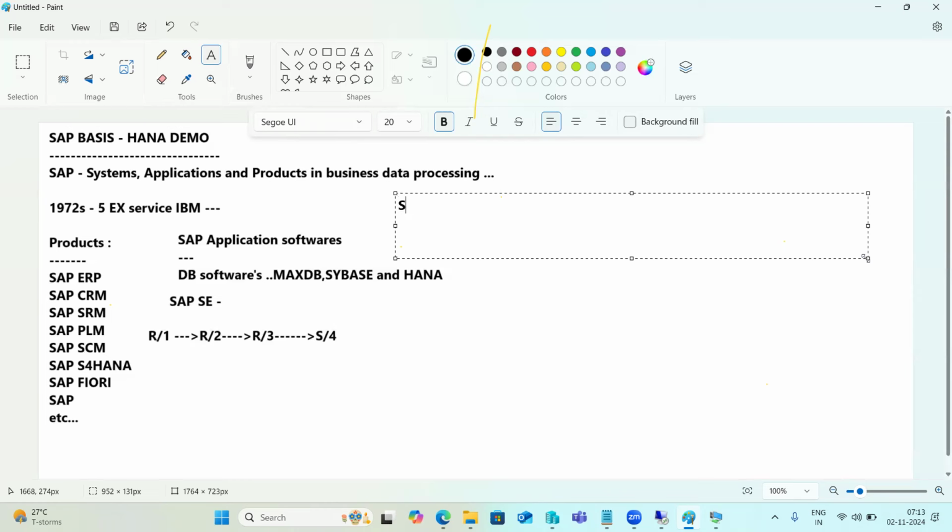The first abbreviation of SAP was System Analysis and Program Development, so SAPD. They released this abbreviation into the market in June 1972.